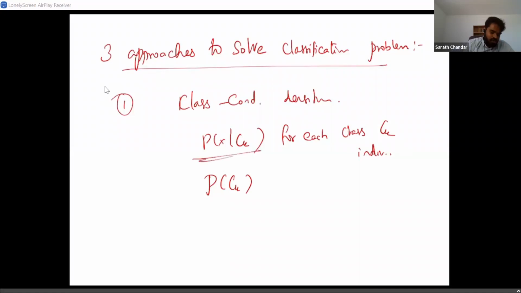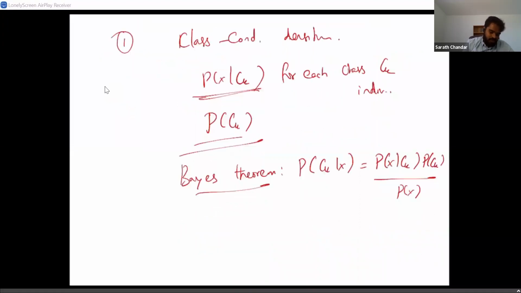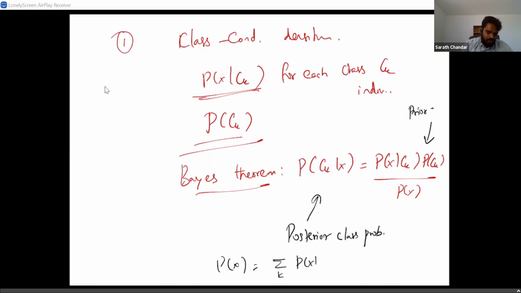Once you have these 2 terms, then you can use Bayes' theorem to find P of CK given x. So P of CK given x is given by P of x given CK times P of CK divided by P of x. Now this is known as the posterior class probability, and P of CK is the prior class probability. And P of x, you could expand as summation over k, P of x given CK, P of CK, if you want.